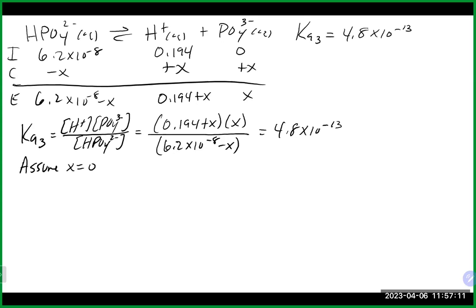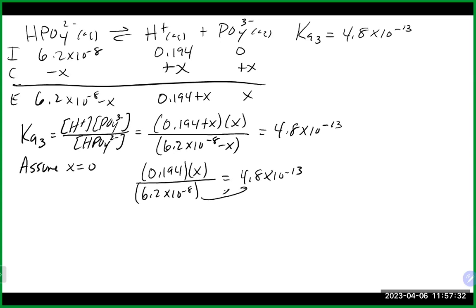Once again, it is just those x's, as we were just talking about, that we are subtracting or adding to something. So that would reduce this down to 0.194 times X divided by 6.2 times 10 to the minus 8 equals 4.8 times 10 to the minus 13. We're going to multiply this guy to the other side, come back through, and then divide that guy to the other side.